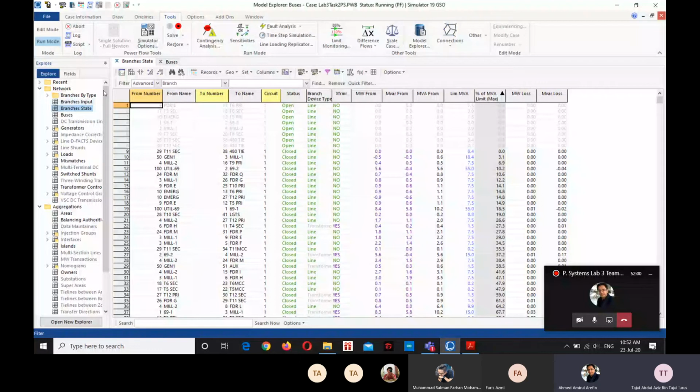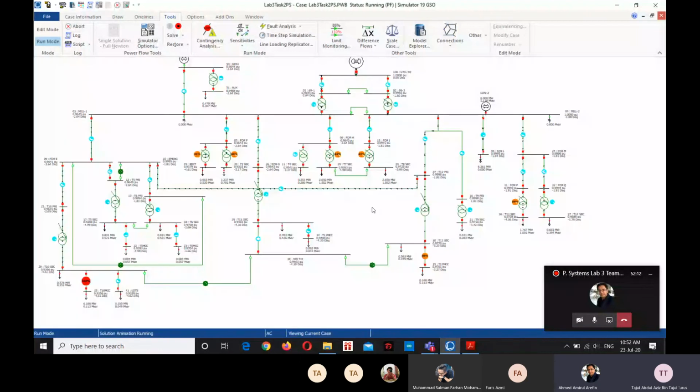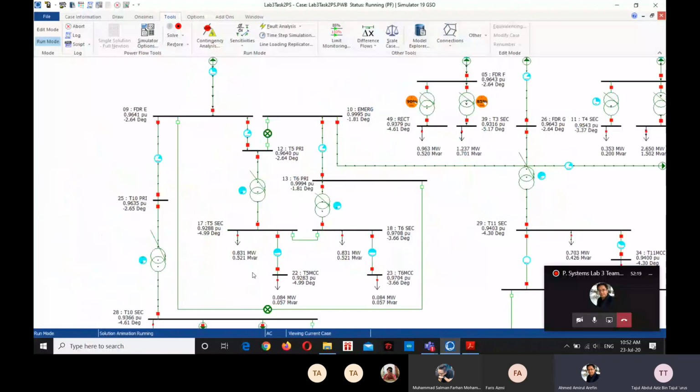This one. So we change the transformer ratio. 1 minus 0.0625, we get 0.9375.